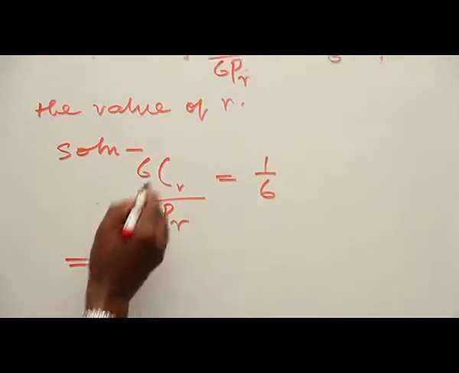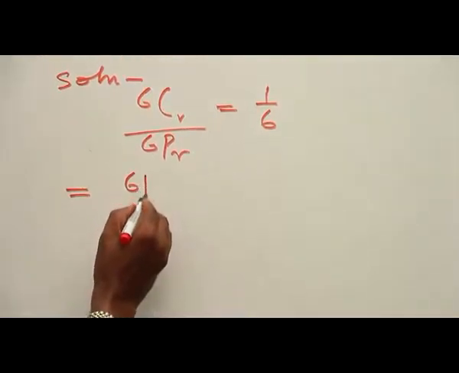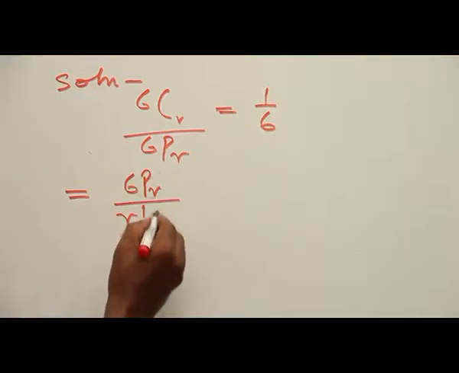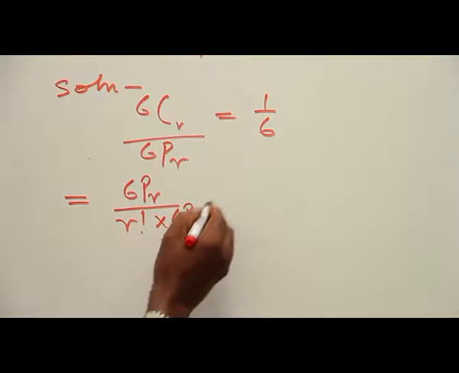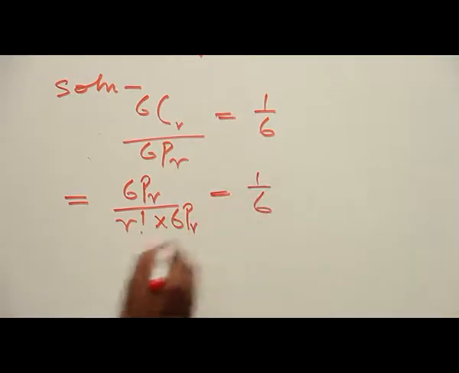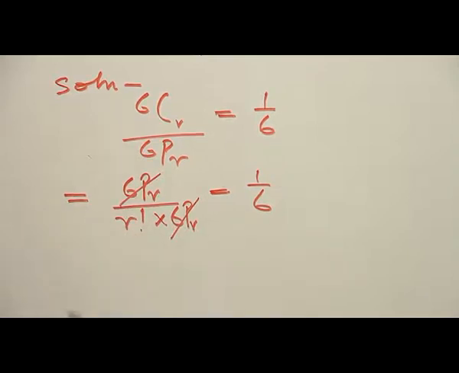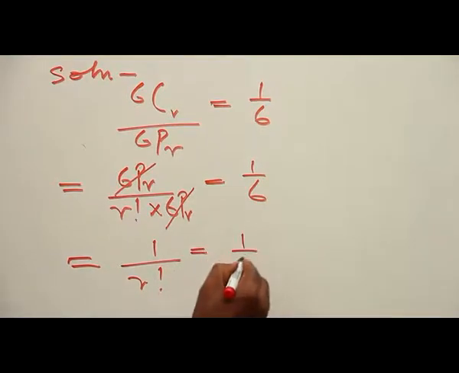You will recall that 6CR is 6PR all over R factorial, times your 6PR, and everything is equal to 1 over 6. Now 6PR will cancel 6PR. You are left with 1 all over R factorial, which is equal to 1 all over 6.